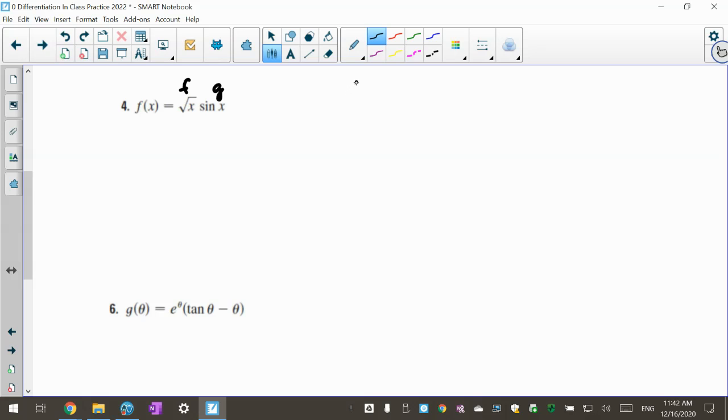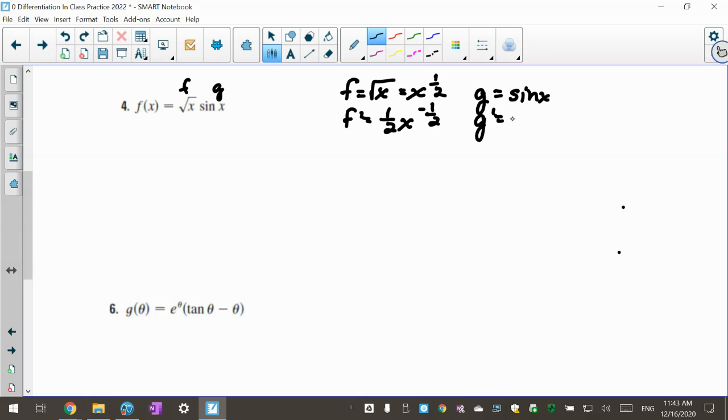So I'm going to set up my f and g's. I have my f to be radical x, or we can say it's x to the 1/2. f prime is going to be 1/2 x to the negative 1/2. g is sine x, and the derivative of sine x, g prime, is cosine x.